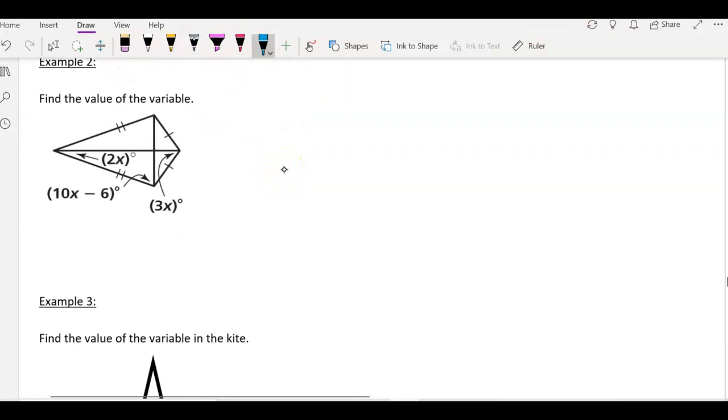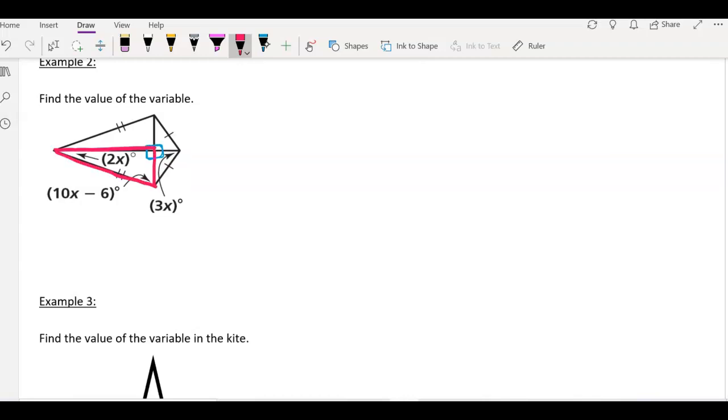In this next one, find the value of the variable. Well, right away here, I know those are 90 degrees. Okay, so how could I go ahead and find x here? Well, if they tell me this angle up here is 3x, since you know these are a right angle, I'm going to use this triangle here.